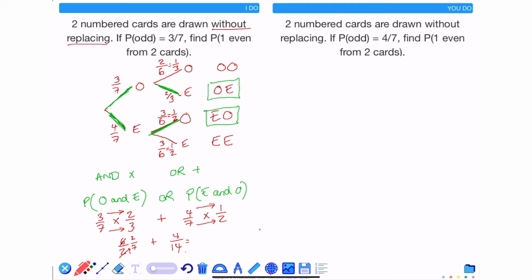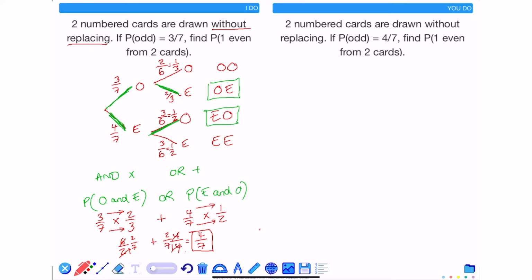The second fraction, dividing top and bottom by 2, can also be simplified down to 2/7. Now that I've got a common denominator, all I need to do is add the numerators, which is 4/7. This is my final answer. This is the probability of getting one even from two cards.